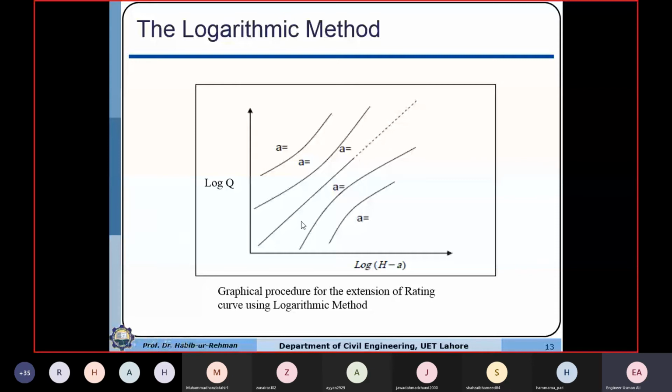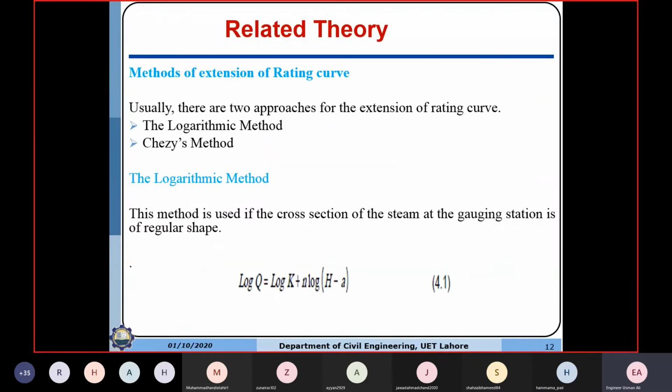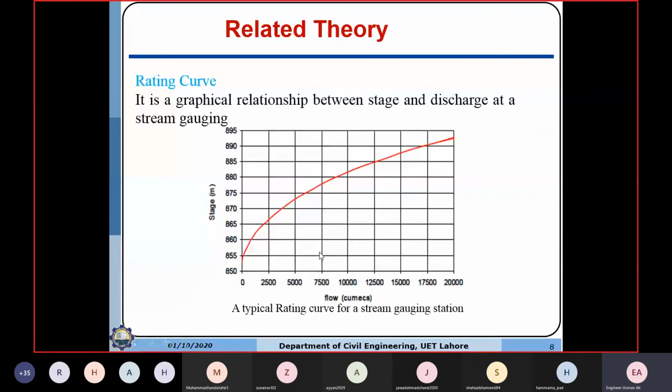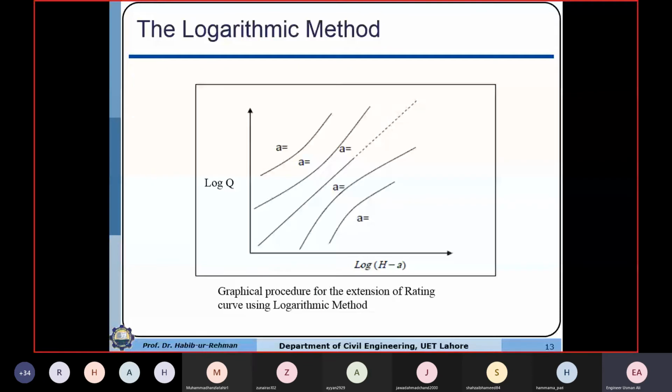The concept behind why we are not directly extending the rating curve is that this curve is a curved line. So we cannot say that the same trend will continue, and extending a straight line is the easiest one.